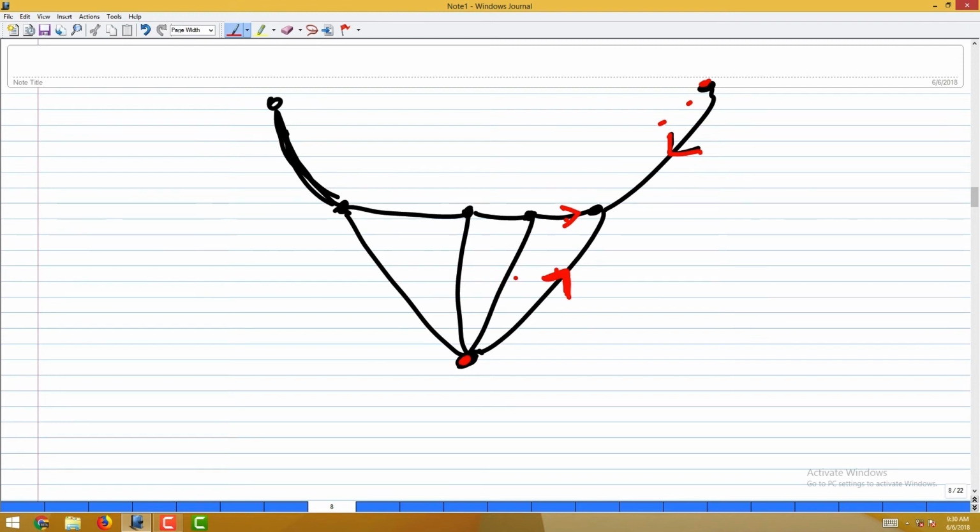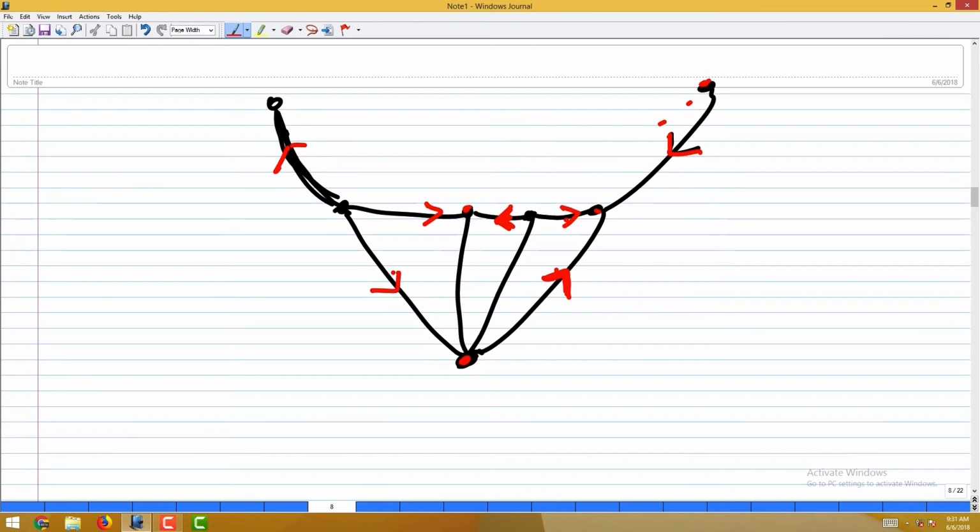Now what should be the direction of this? If I put it inward, that is fine, but I can tell for this edge that I cannot put it like this, because in that case I will need this edge from here to here. So this should be like this, and the next one would be the opposite side, and this one also I can tell should be like this. And then can I tell what should be this?